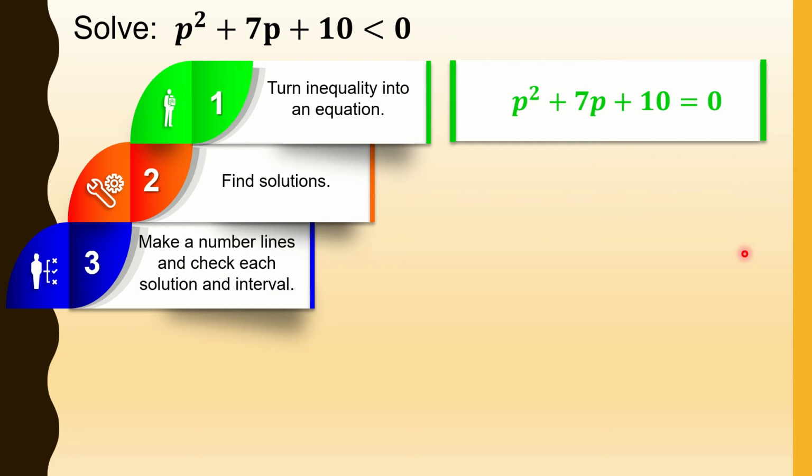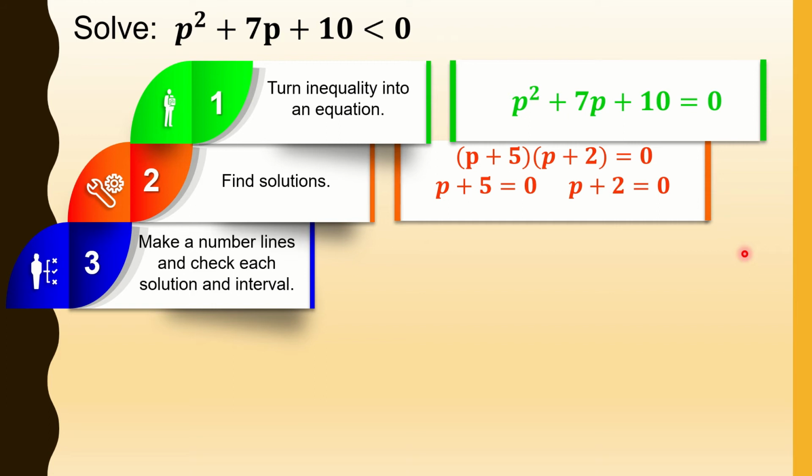Now, using factoring, the factors are the quantity p plus 5 times p plus 2 is equal to 0. Again, if you want to use the quadratic formula or completing the square, you may do so, since we will arrive at the same solution. Applying the zero product property here, I have p plus 5 is equal to 0 and p plus 2 is equal to 0, which means p is equal to negative 5 and negative 2.